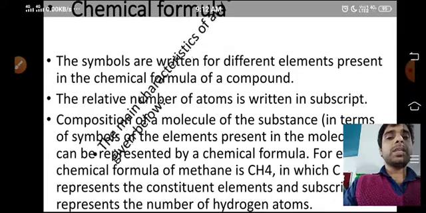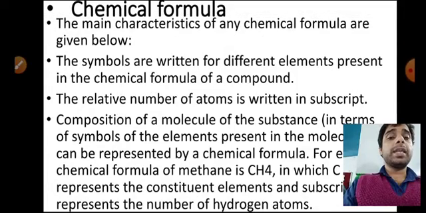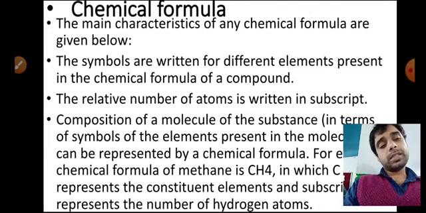You should understand that whenever a chemical formula is there, you must know the symbols. If I am talking about water, and you don't know that its composition is hydrogen and oxygen, then you cannot write the formula. So the symbol is essential.